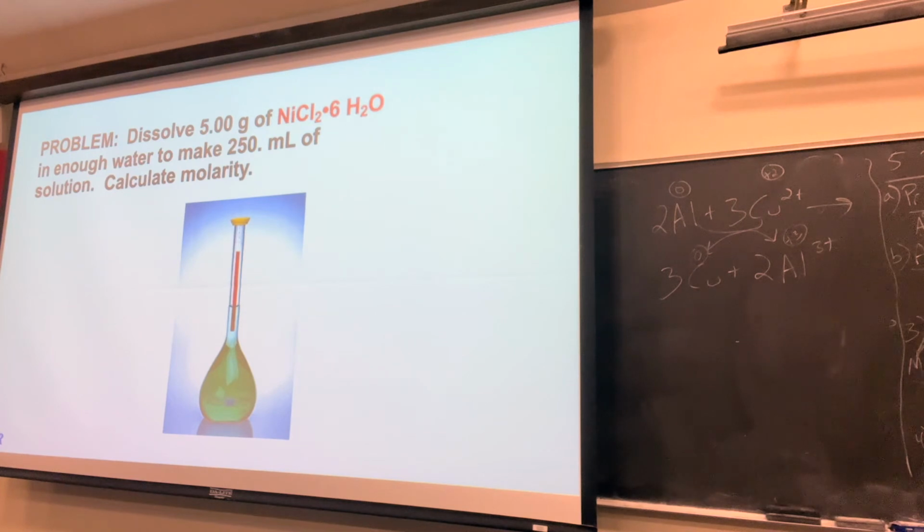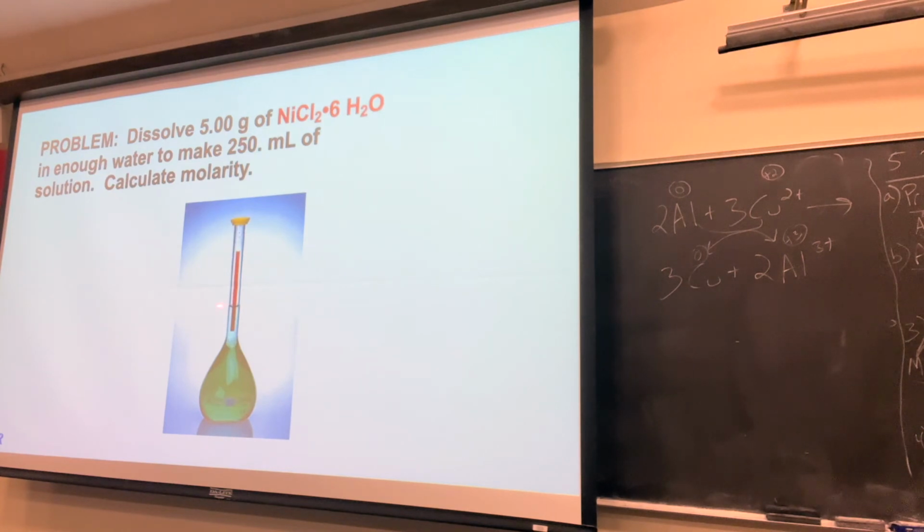So here's an example where you're making a solution, but instead of Kool-Aid or hydrochloric acid, this is nickel(II) chloride hexahydrate, and it's a cool green color. What they did in this example is weigh out 5 grams of it and place it in a volumetric flask.